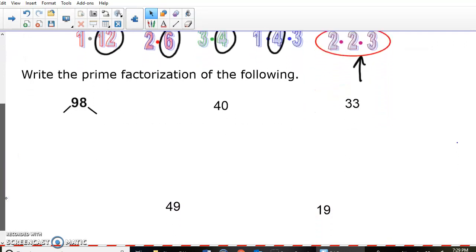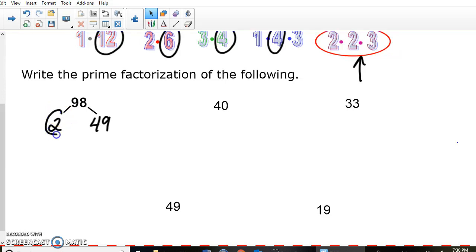Okay, when we do these as an example, we are going to be using something called the factor tree, and that's just a way to organize our work when we're dealing with prime factorization. So for example, I'm going to break up 98 to do the prime factorization. I'm going to start with 2 times 49, which gives me 98. It's an even number, so I'm going to just automatically split it into 2. That's maybe the easiest.